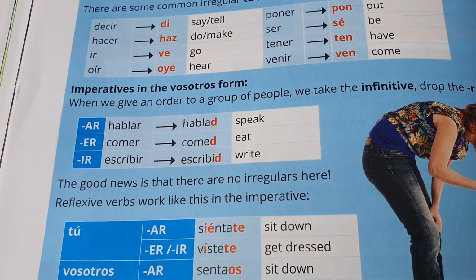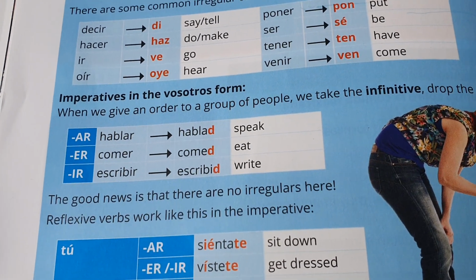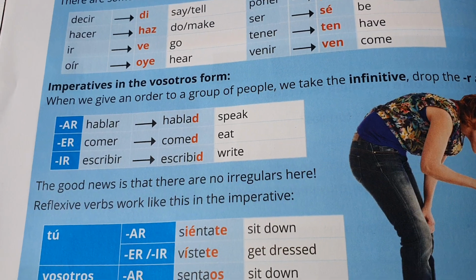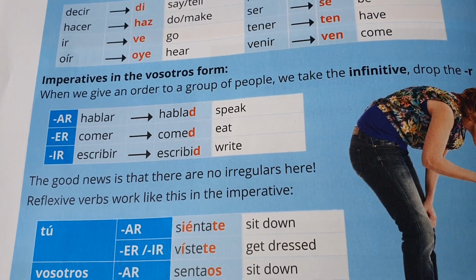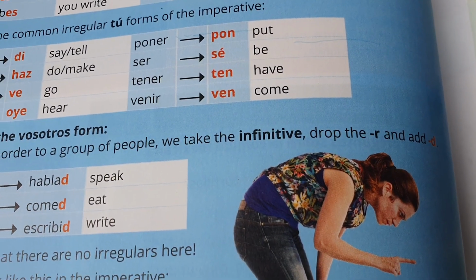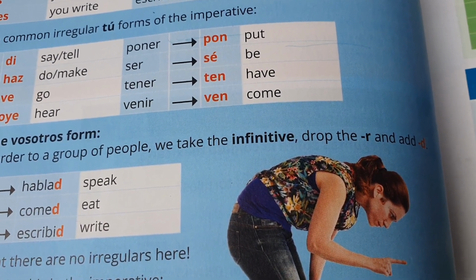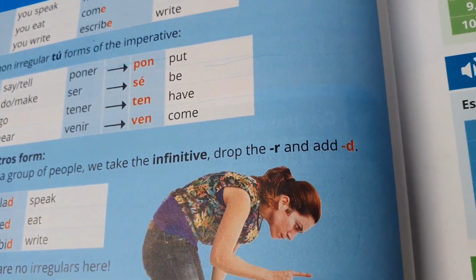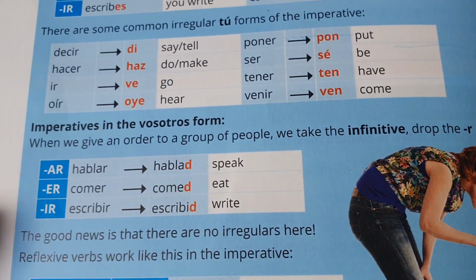Now we're going to move on to the vosotros form, which is the you plural form. So this is when you're speaking to more than one person, so a group of people. It's easy enough. All you do is you take the infinitive, so that's the -ar, -er, and -ir. You drop the r and you add d. So it's simple enough.